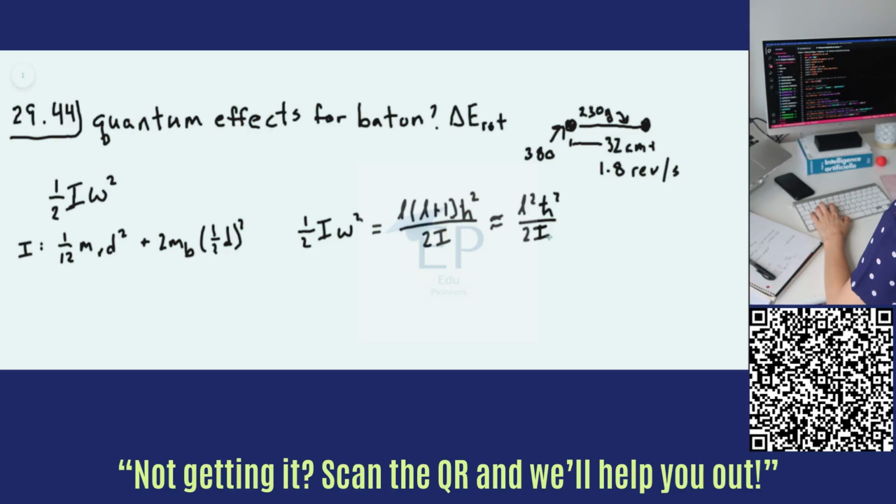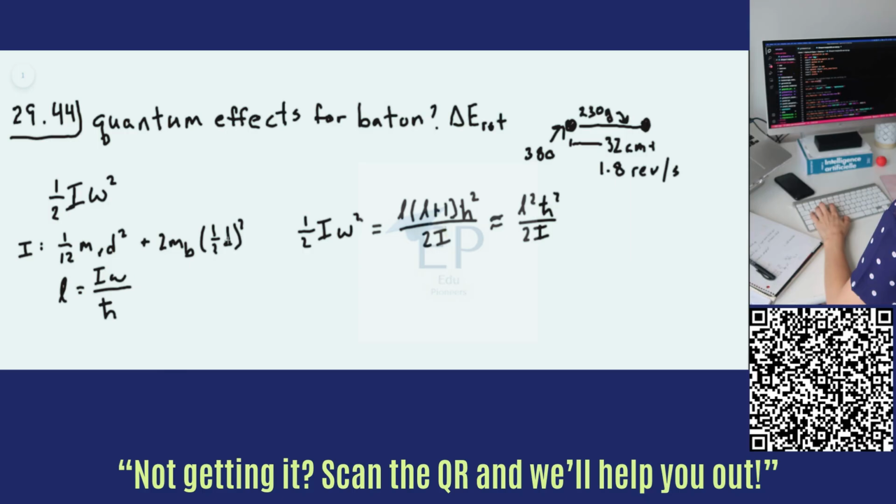And so we can solve this for L. It's going to be I omega over h bar, because we took a square root.